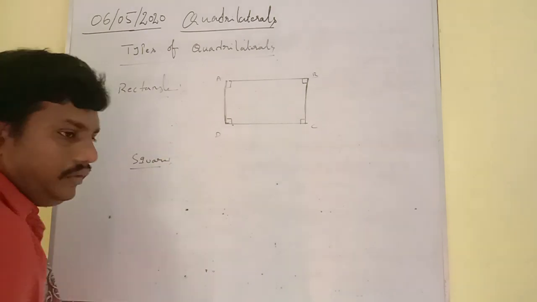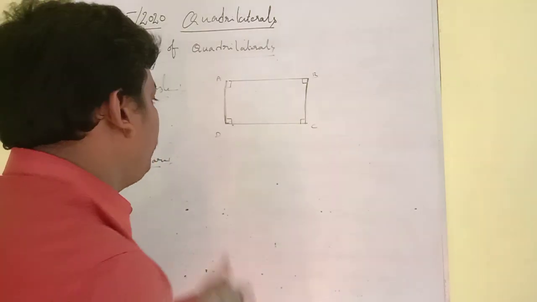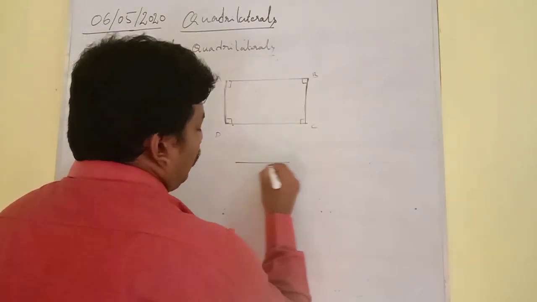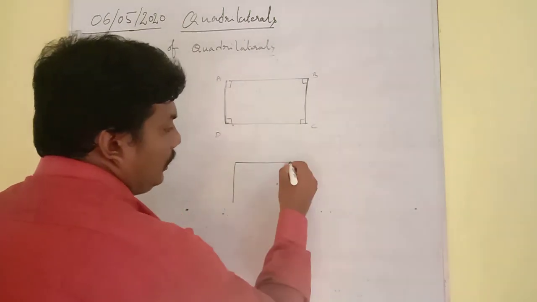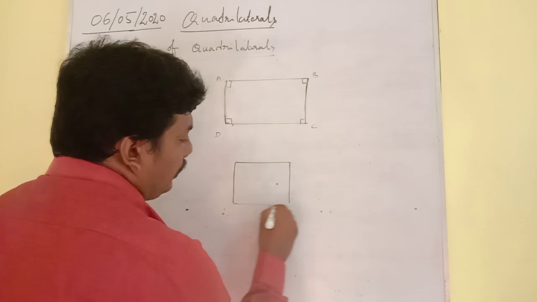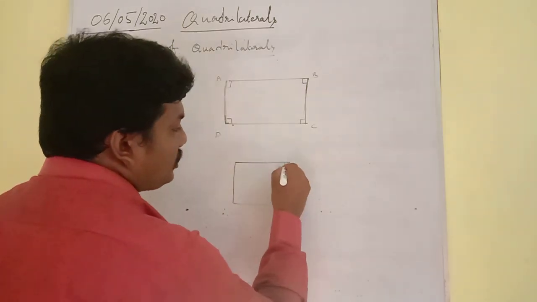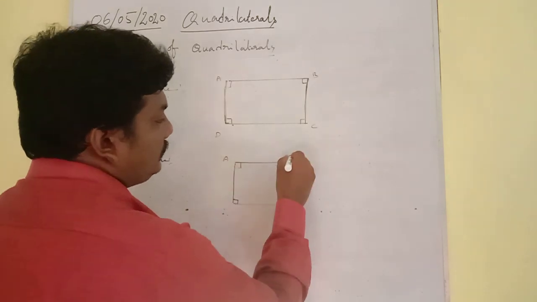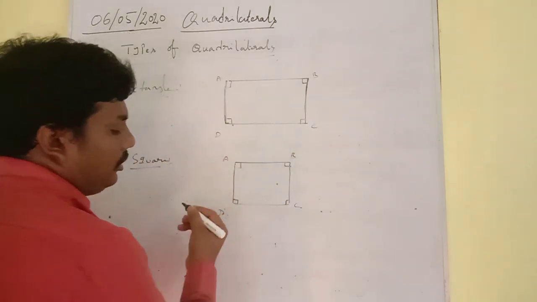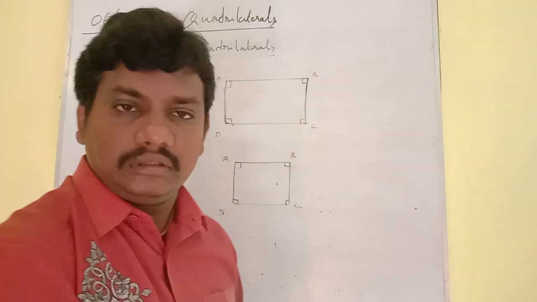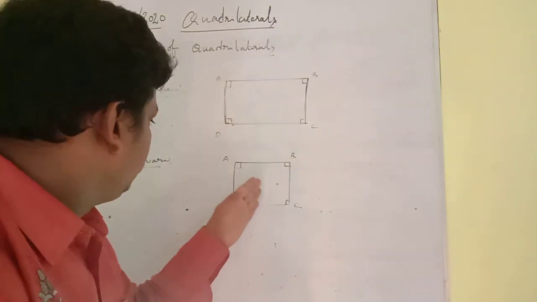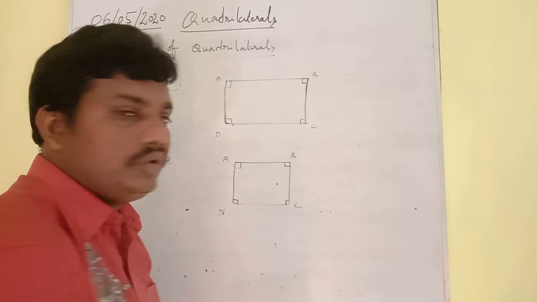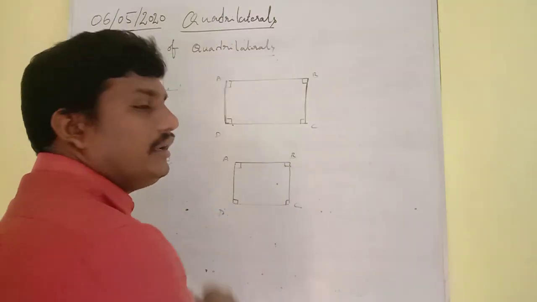Next you can take the square. It is also a parallelogram and also a rhombus. A rhombus whose each angle is 90 degrees is a square. All the rhombus properties are satisfied by the square, and the square is a special type of rhombus whose each angle must be 90 degrees.